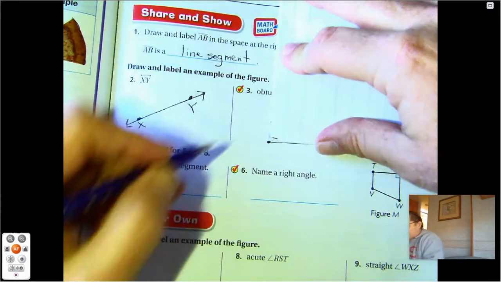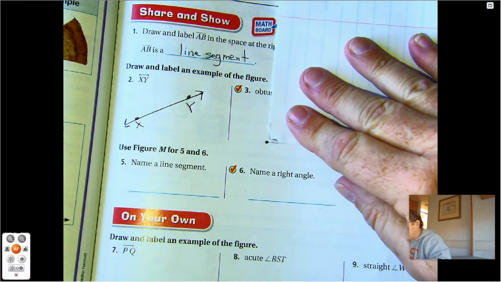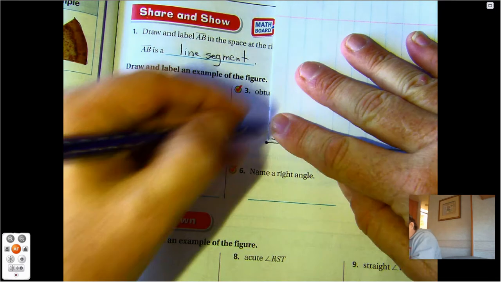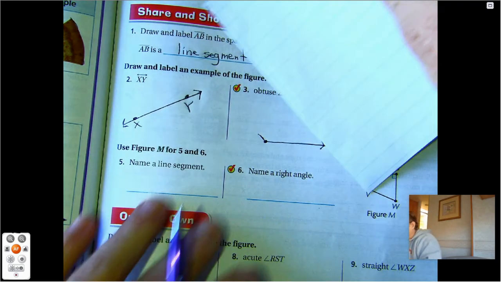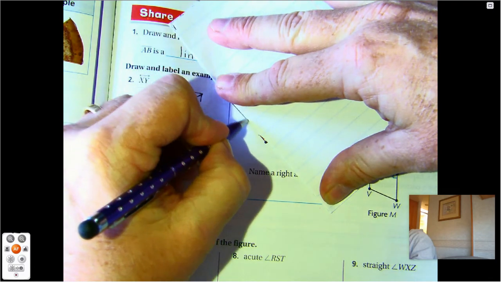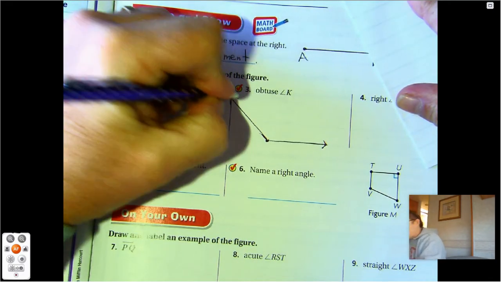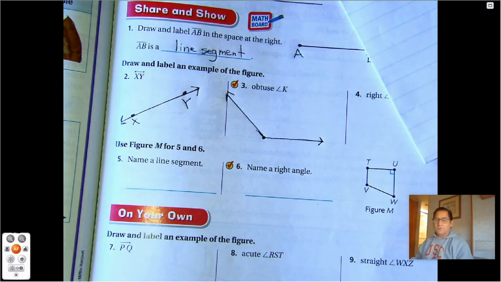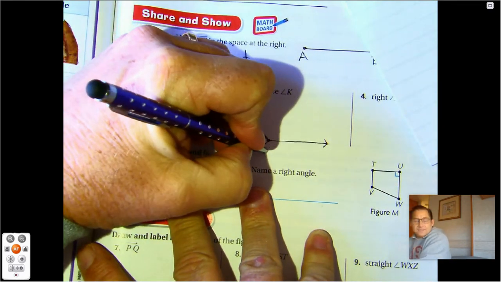So that would be an obtuse angle, and it's called angle K. So we can just put the K right there.